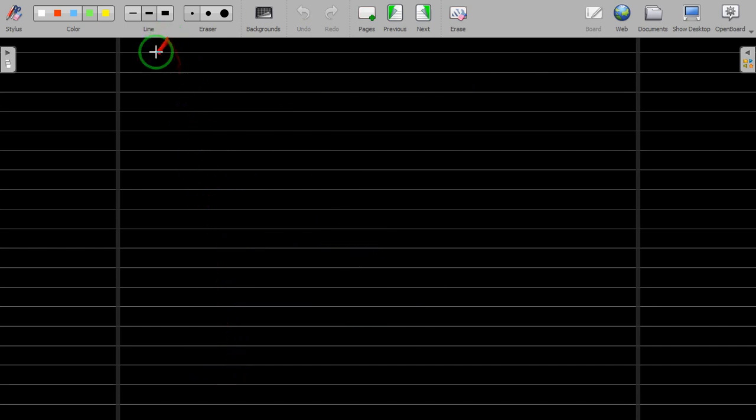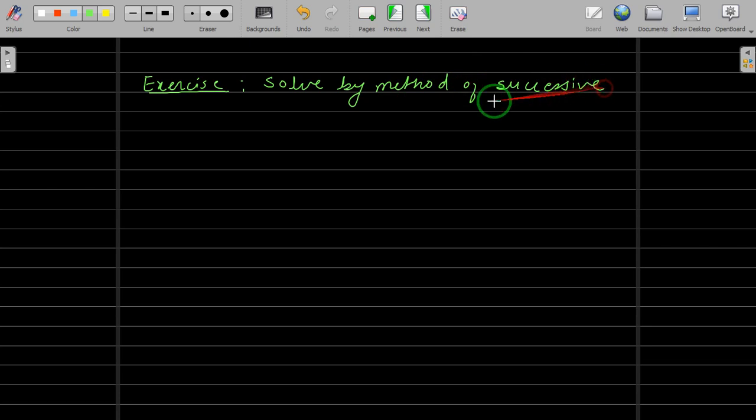Let me give some exercises for solving. Exercise: solve by the method of successive approximation. You can go for the iterated kernel, right?